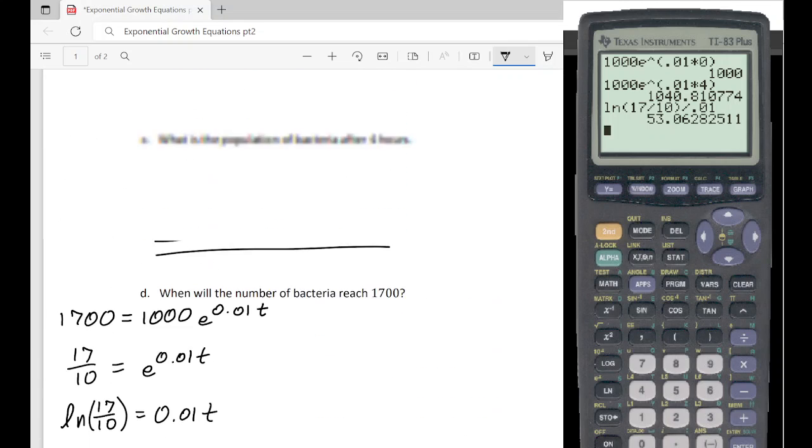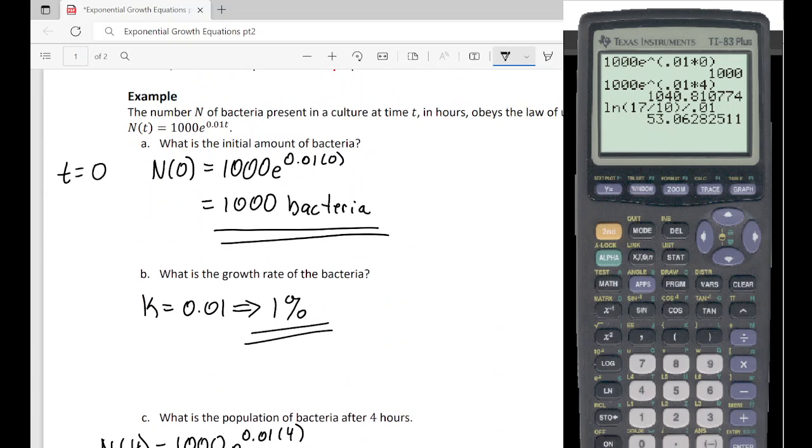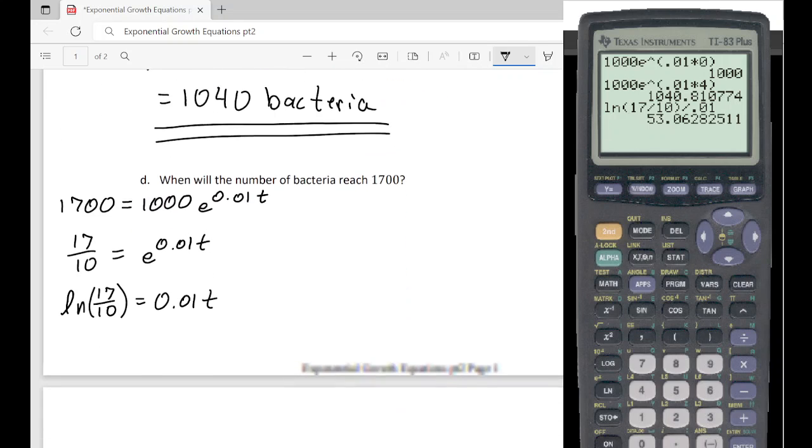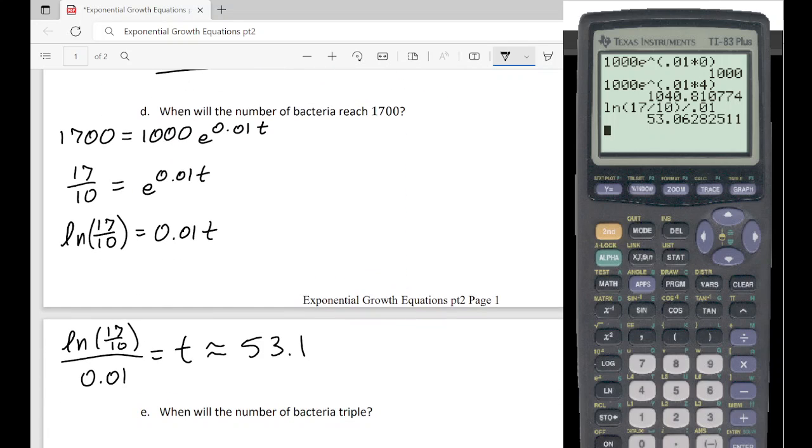And knowing that time is in hours, we say that this takes 53.1 hours for the bacteria to increase to 1700.